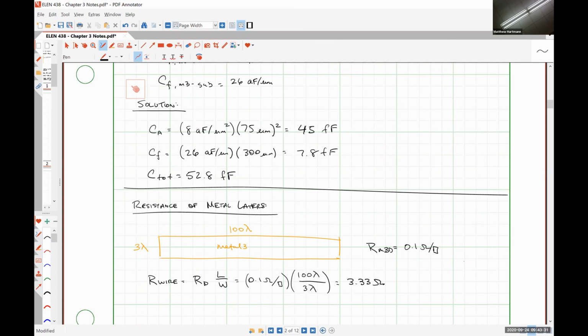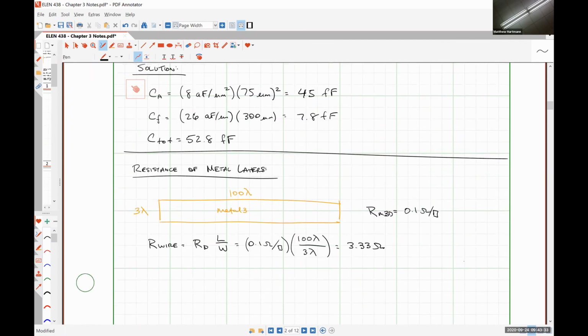So one thing that I want to point out here: the length of this wire is 100 lambda, which is 100 times 300 microns, 30,000 microns, or 30 millimeters. So 30 millimeters, but it has a resistance of 3 ohms.